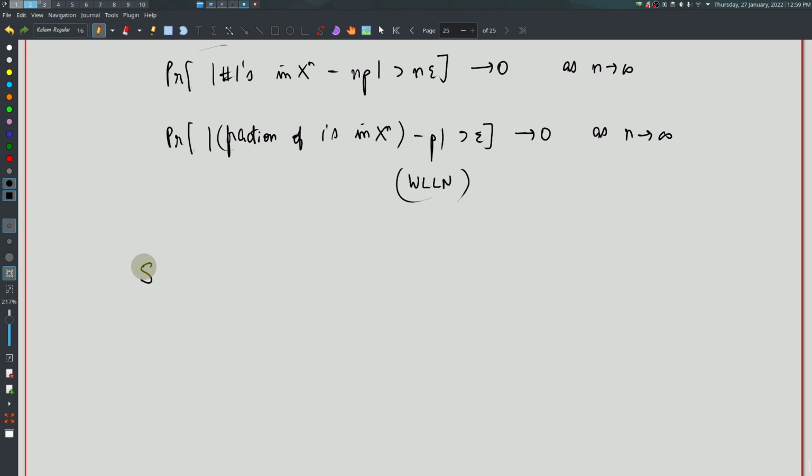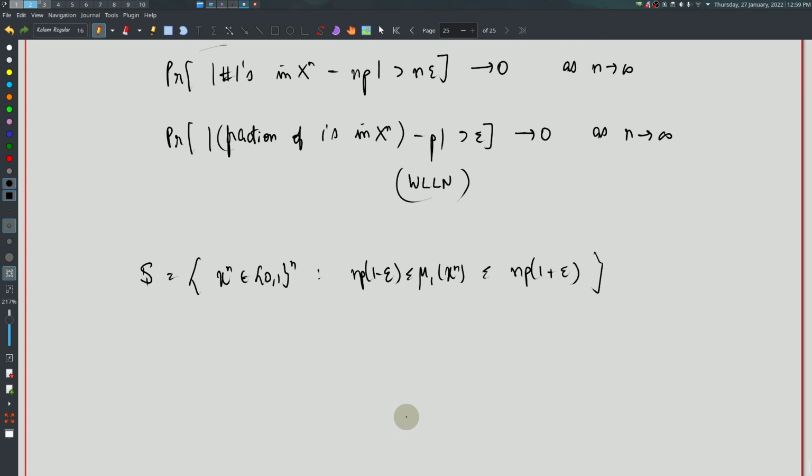Okay, so I'll define this set S as the set of all binary sequences such that the number of ones in xn, I think I had used a notation to define this, mu1 of xn, the number of ones in xn, is less than or equal to np times 1 plus epsilon, but it is also greater than or equal to np times 1 minus epsilon.